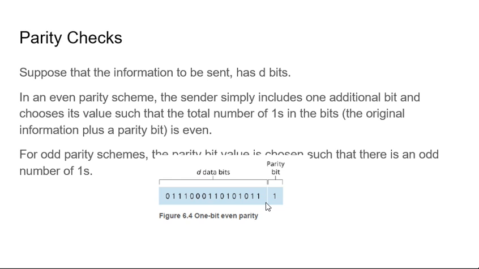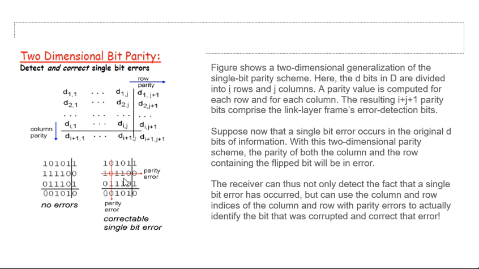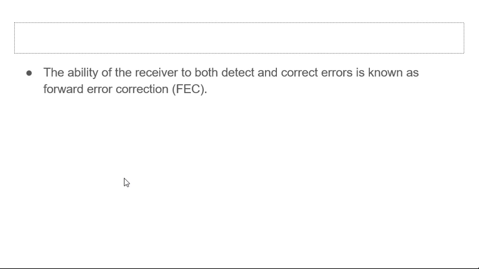If any bit is flipped, the receiver will receive either 9 ones or 11 ones, right? If one bit is flipped, either 0 will be flipped to 1 or 1 will be flipped to 0. But because it's even parity, the receiver will discard the data and say that you have to resend the frame again. It will drop that data. So this is the parity check. We also discussed two-dimensional parity in the last class, so I'm going to skip that.